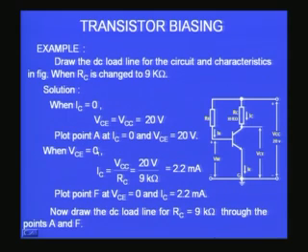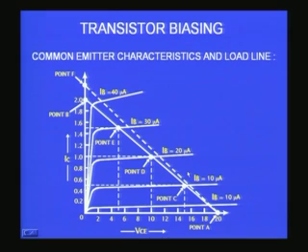But when you come to the maximum current point along the y axis, you would find IC is VCC by RC. VCC is again 20 volts, but RC now changed to 9K, and therefore it has become a new current, 2.2 milliamperes.